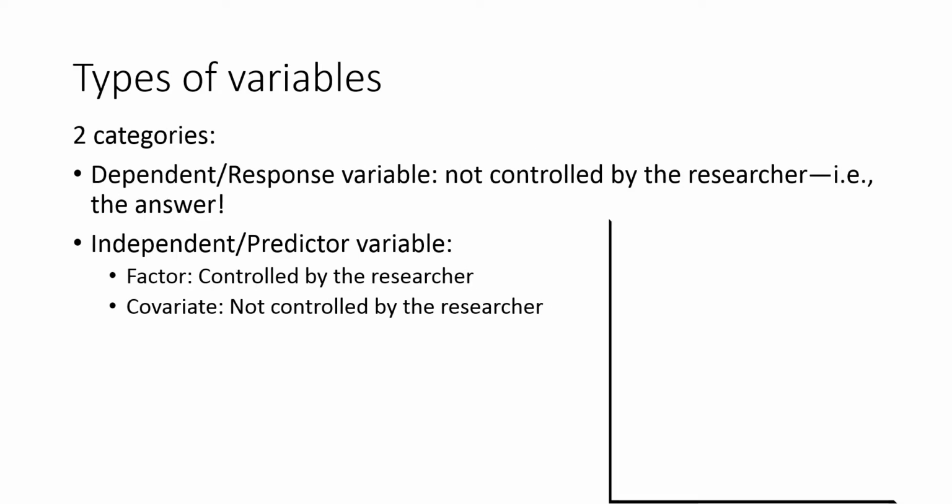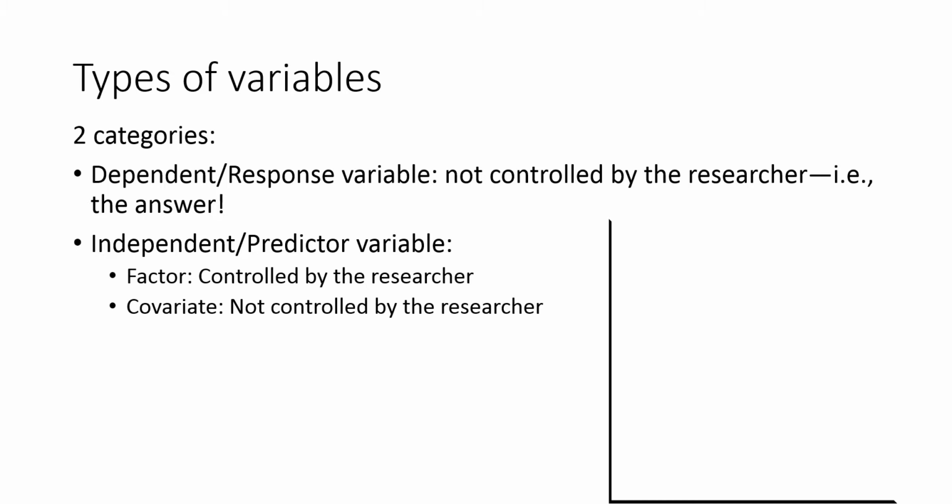Okay, you've definitely seen these before. But it's really helpful to think about when you're trying to present your data to people. And that's the dependent and the independent variable. On your x-axis, you're going to have your independent predictor variable.